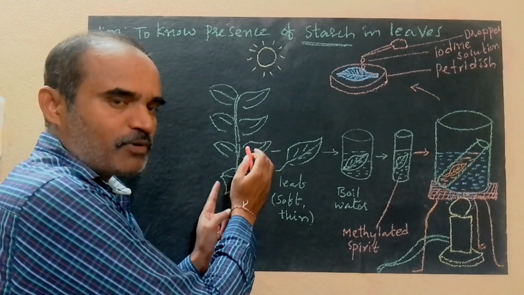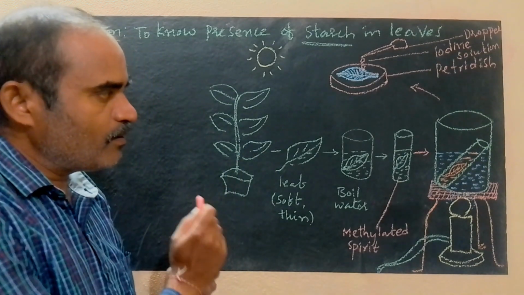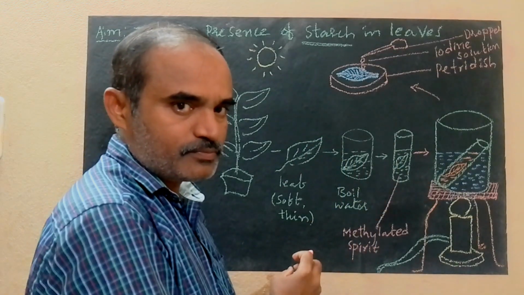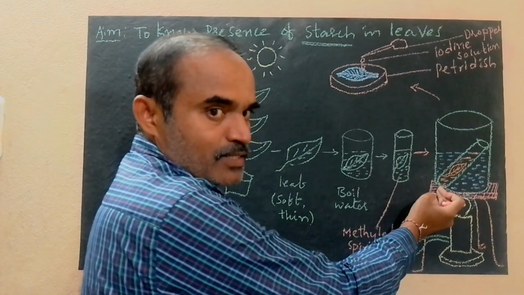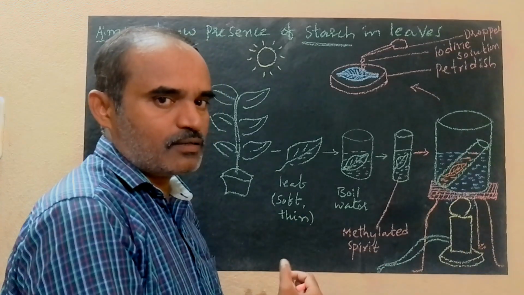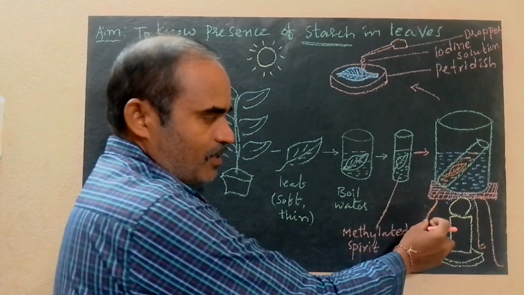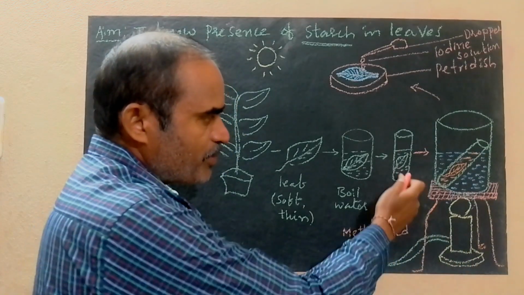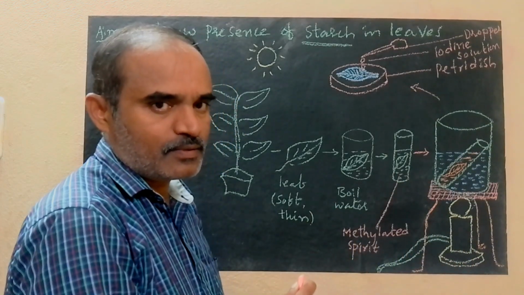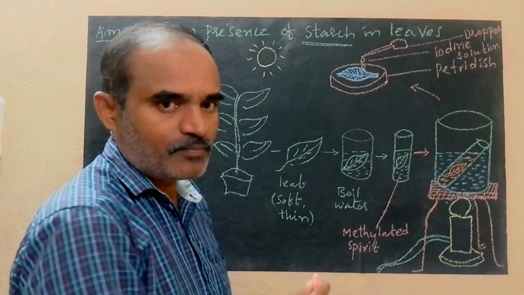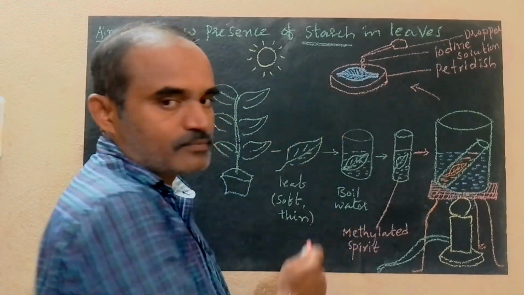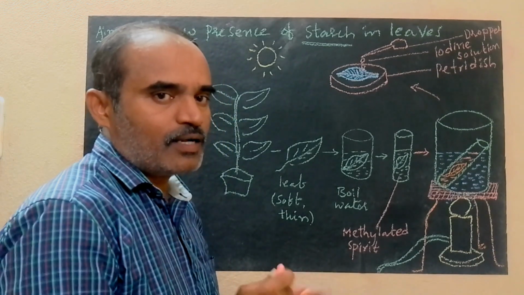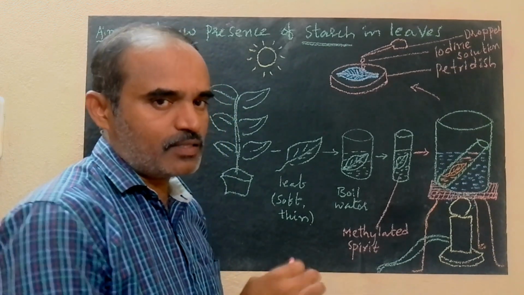A well-exposed potted plant, beaker, boiling tube, wire gauze, also called asbestos gauze, tripod stand, burner, methylated spirit, water, petri dish, and iodine solution are the main required materials for this activity.